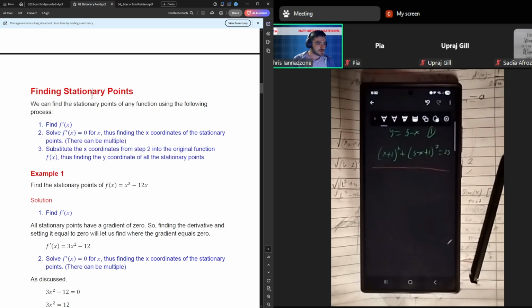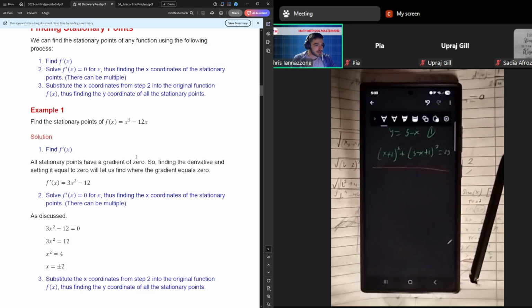So with that in mind, we find the derivative, set it equal to 0, solve for x, and then if you want the full coordinate, you're just going to sub that x that you've solved back into the original function, not the derivative, but the original function. Reason why? The original function has x and y values, the derivative function has x and gradient values. So if you want coordinates x and y, you want to be back in the original function, not the derivative.